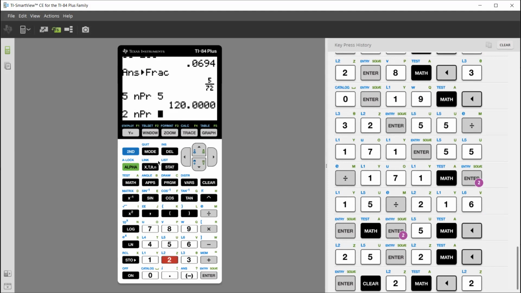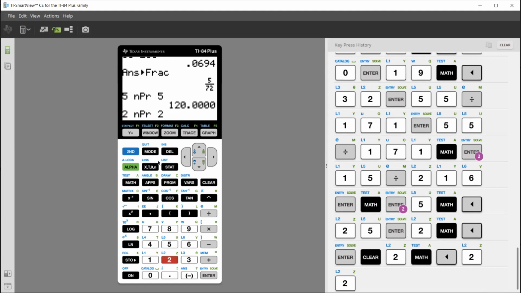I need 2 permutations of 2 objects, meaning I need the smallest or the largest one first. It doesn't matter how I arrange them, but I have to decide. So this is going to be 2 permute with a P this time.